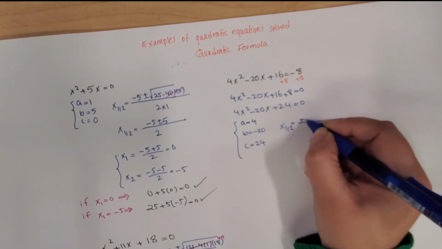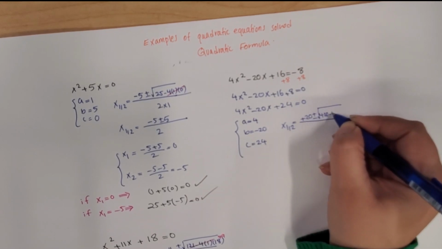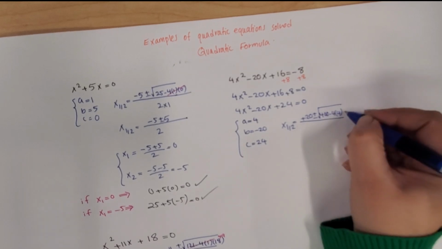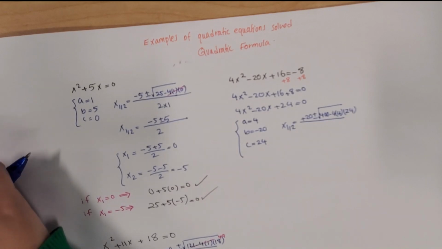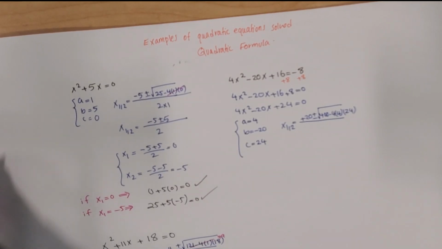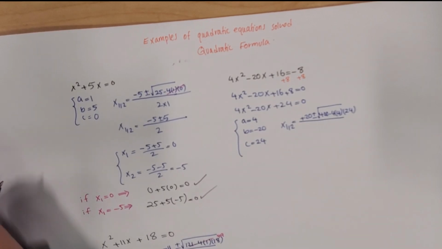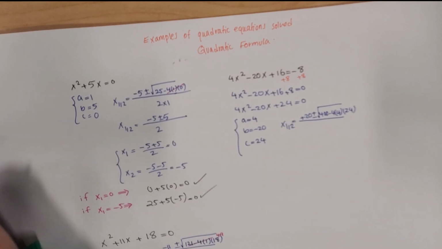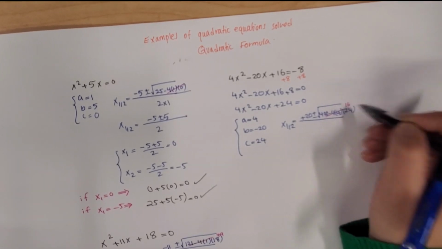Negative b plus and minus the square root of b squared, 400, minus 4 times 4 times 24. So 96 times 4. 400 minus 96 times 4 is 16. So under the radical, it's 16.